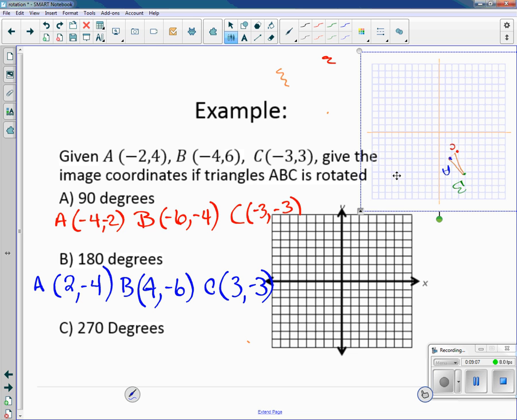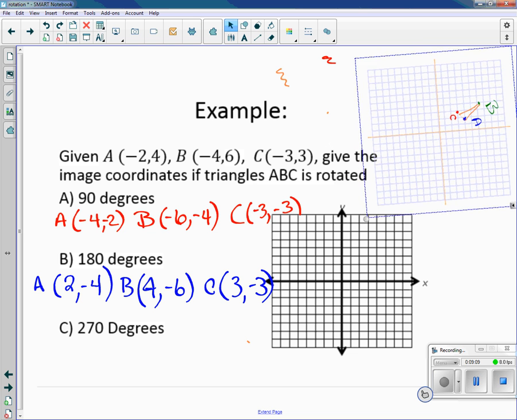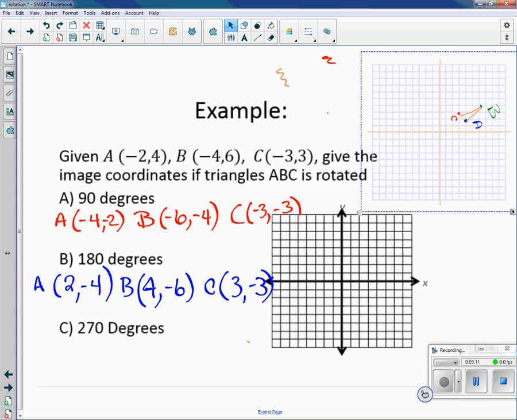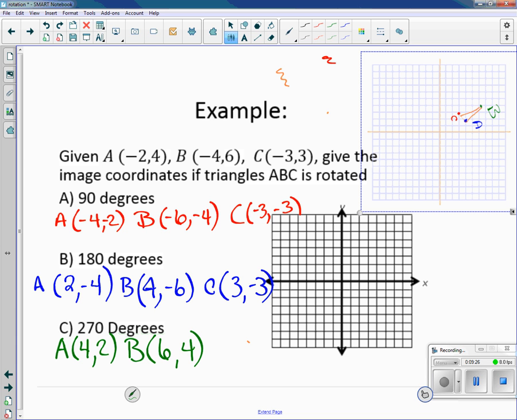And then if I rotate it 270 degrees, my A is now at 4, 2. My B is at 6, 4. And my C is at 3, 3.